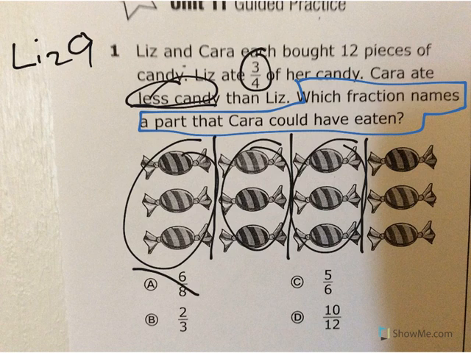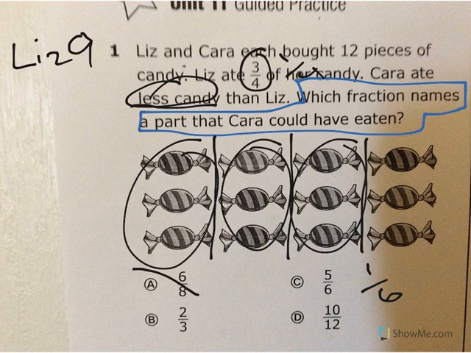Okay, I'm going to look at answer choice C for a minute, 5/6. And 5/6 I'm going to say I think is going to be a larger fraction. I'm going to say it's a larger fraction because it's only 1/6 away from being a whole, and 3/4 is 1/4 away from being a whole. So if you're only 1/6 away from being a whole, that's really close to being a whole.